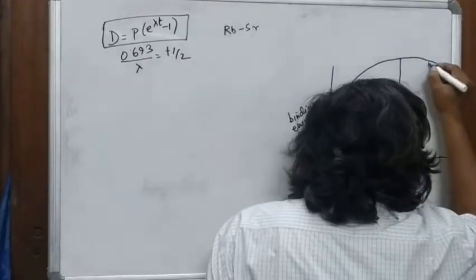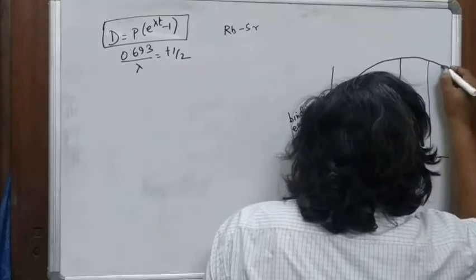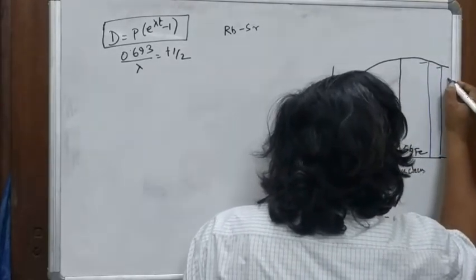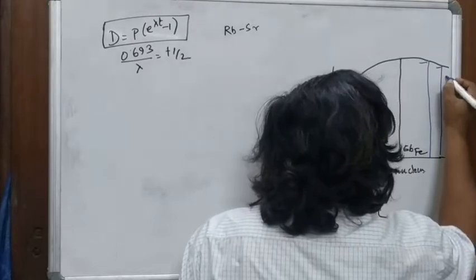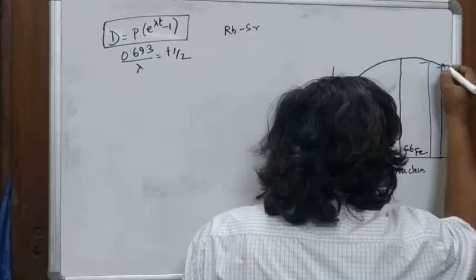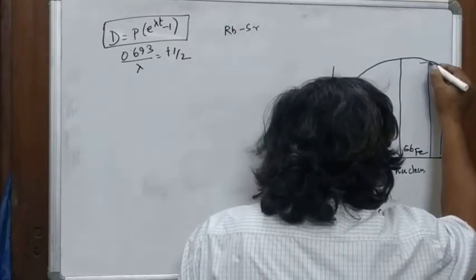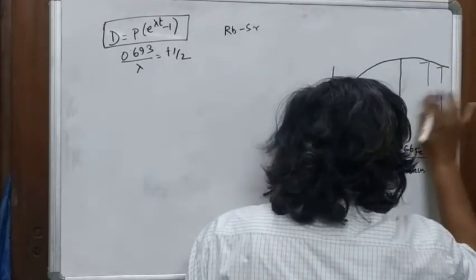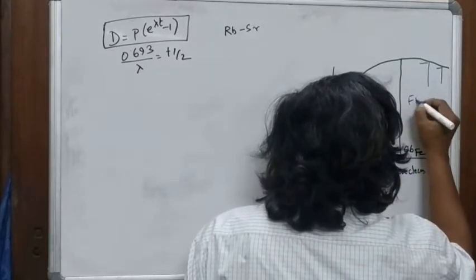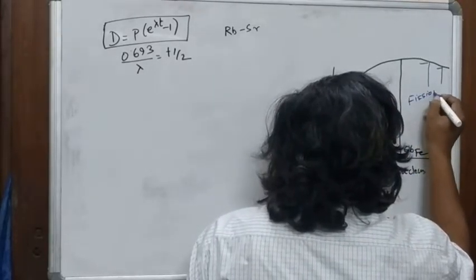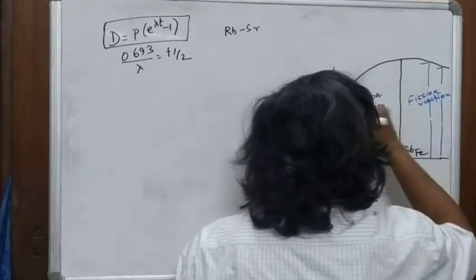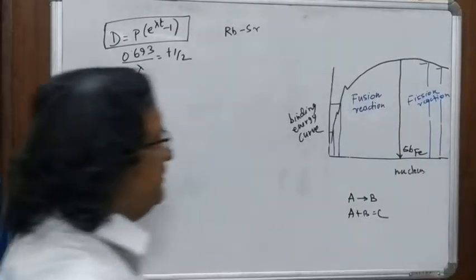But if you come to this place, then you see that the heavier nuclides have a lower binding energy than the lighter nuclides, which means that this possibility is just the opposite of the fusion reaction. Here fission reactions occur, just because of the shape of the binding energy curve.